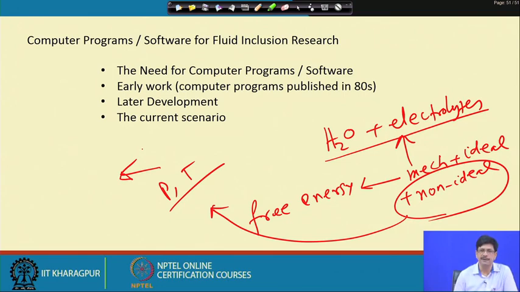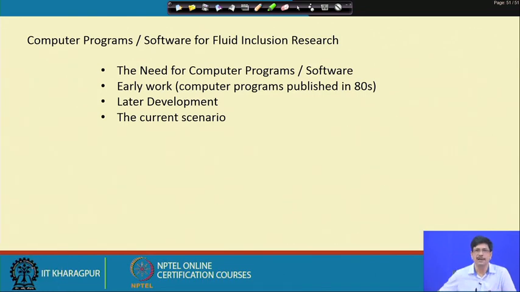As I told you, even at this particular point of time, very simple systems like the water NaCl system are still being revisited for more rigorous analysis of the phase relations and the immiscibility region, or whether at all there is an immiscibility in this particular fluid.